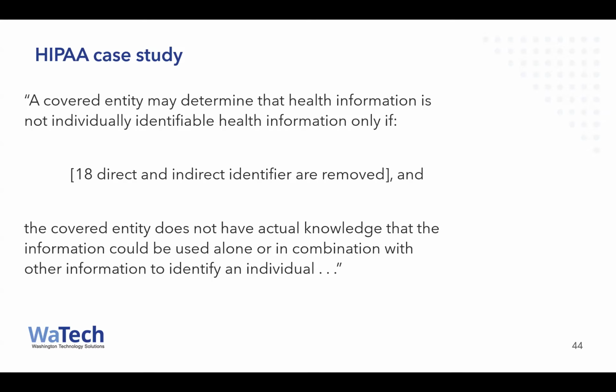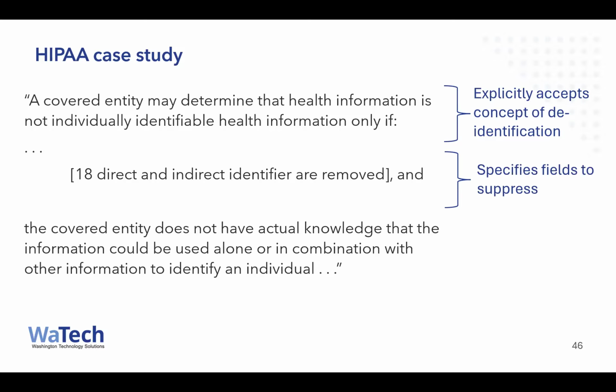So under HIPAA, we have this general de-identification standard that at the outset explicitly accepts the concept of de-identification. It then specifies exactly what fields you need to suppress, which I didn't publish here, but it's 18 direct and indirect identifiers that need to be removed.